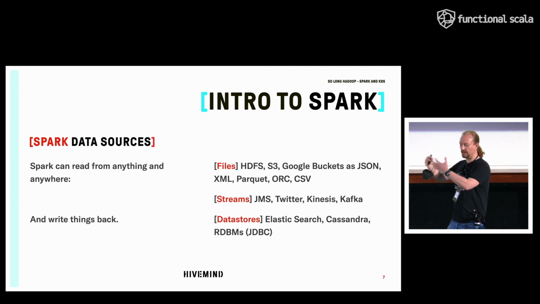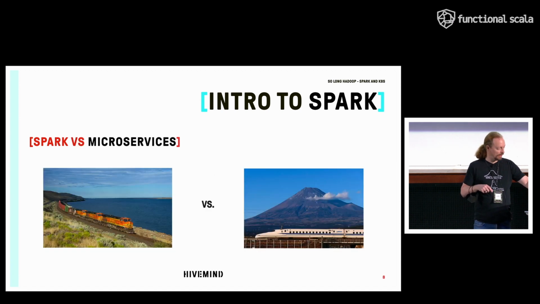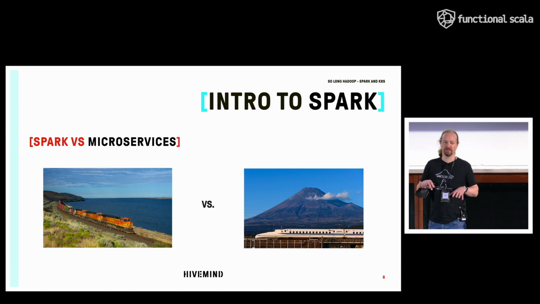When you basically give it a Parquet file or a JSON object, it will derive the schema from there. It also allows stream processing from different sources, JMS, Kafka, Twitter, et cetera, and supports data stores. So essentially, it makes it very easy to solve big computational problems.